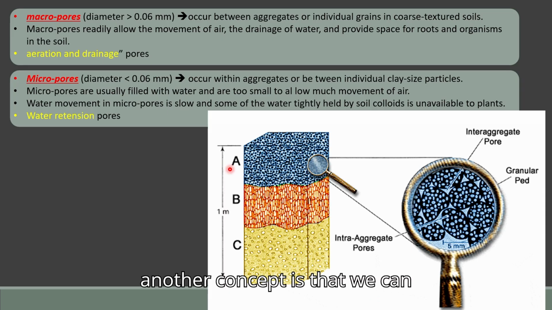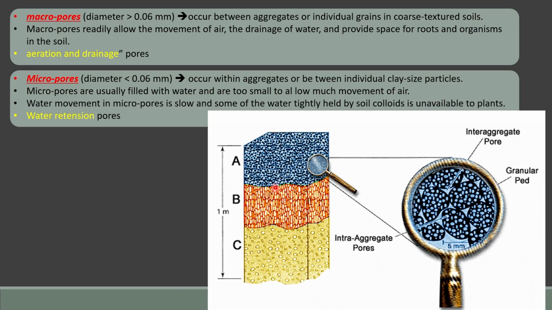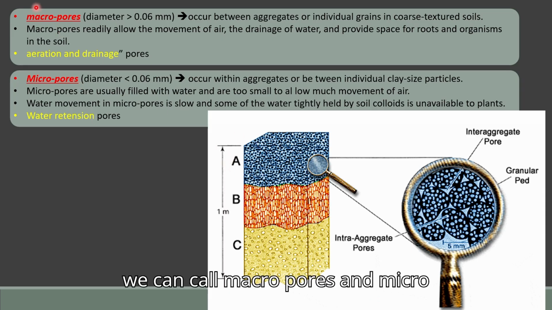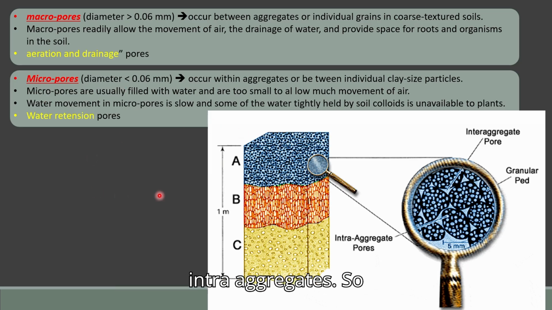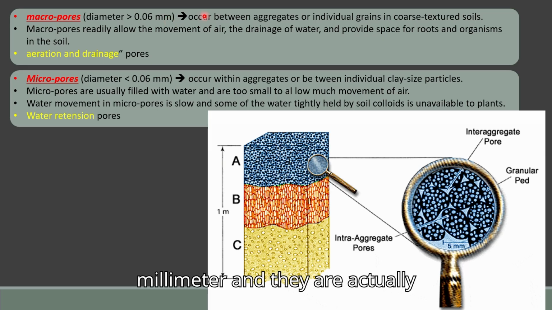Another concept is that we can call them macropores and micropores instead of inter-aggregate and intra-aggregate. Macropores are big pores. Their diameter is greater than 0.06 millimeter, and they are inter-aggregate pores.